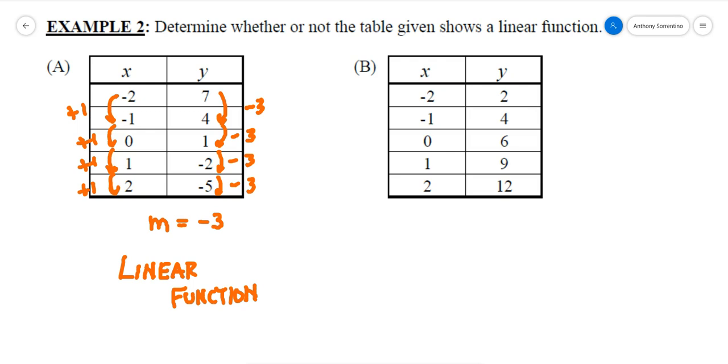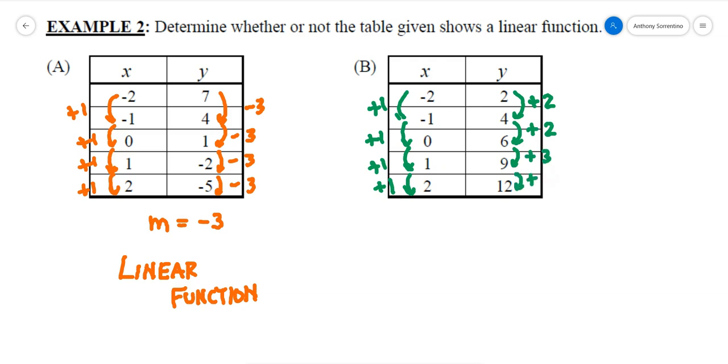Well, it's a very similar instance here. Each one of these is going up by 1 as I move from x value to x value. So if I have a constant change between the y values, that would mean the same thing. So here, I'm increasing by 2. Here, I'm increasing by 2. Here, I'm increasing by 3.